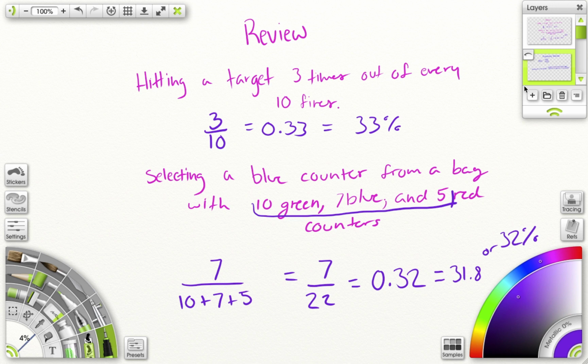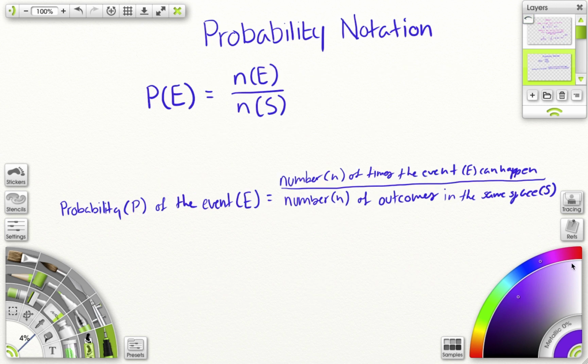So if I were to put this problem into a probability format, it's going to look like this: P(E) equals n(E) over n(S). P(E) is the probability of the event, so I'm just going to keep that as P(E) because that's our unknown, equals n(E), which is 3, because that's 3 times that we hit the target, over n(S), the number of outcomes total, equals 3 out of 10.